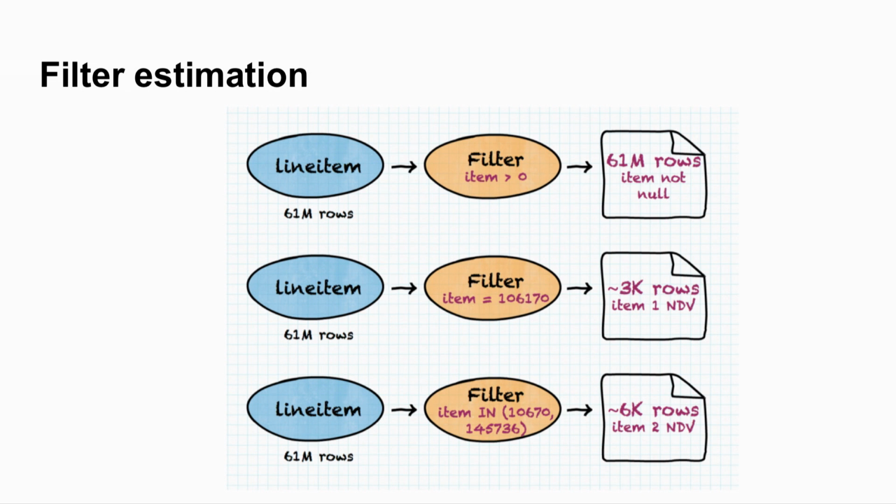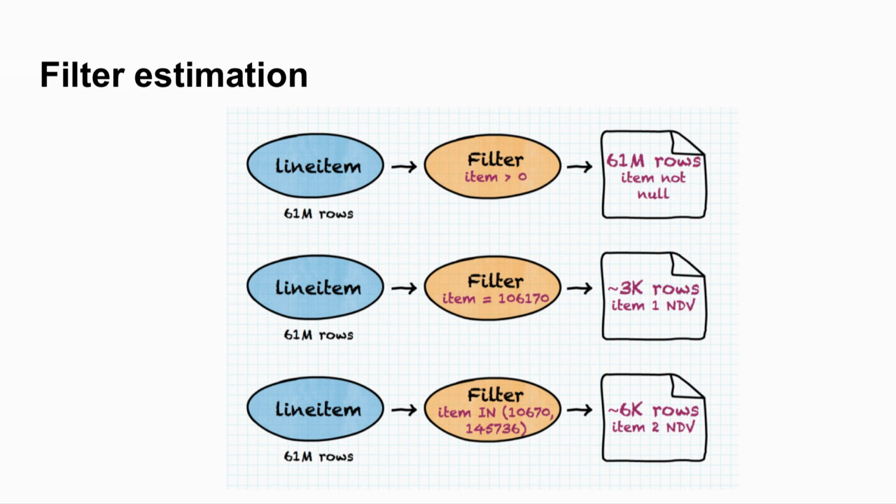But in the interest of time, we'll discuss some elements of how we propagate statistics through the query plan. We obviously start with basic base table statistics. All those three tables have that many rows, as you can see. Then for each column, we know roughly the number of distinct values, and now we apply a filter.